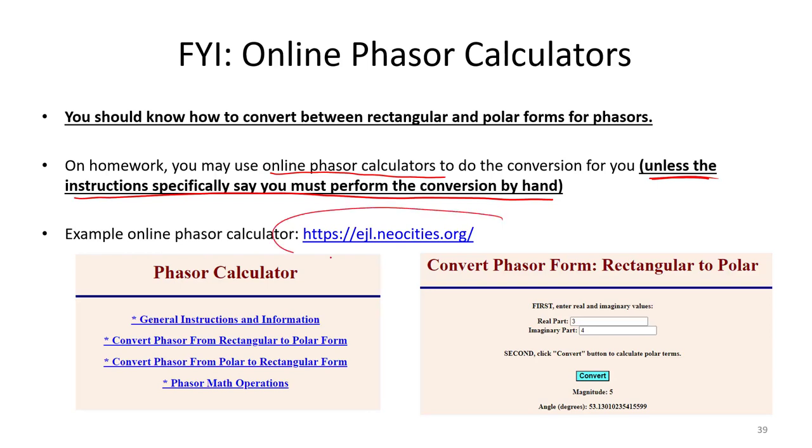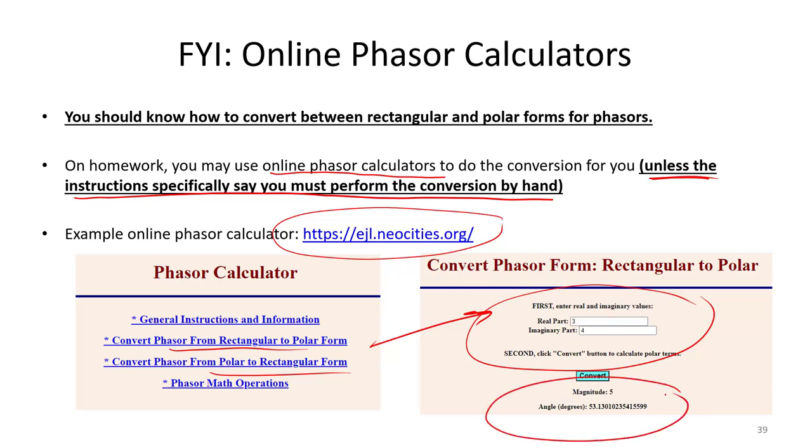In this website, you can find an example of a phasor calculator. And on this one, you can just go ahead and select convert in either direction, and it'll bring up this nice window. You enter the values that you have and then click convert, and you'll get the result.